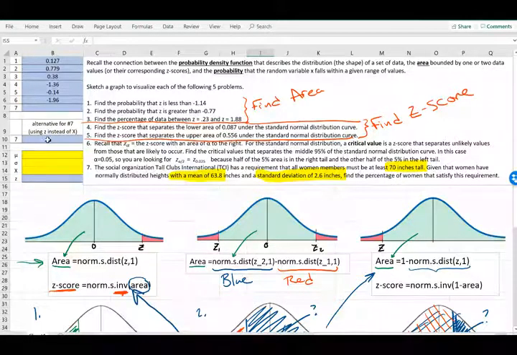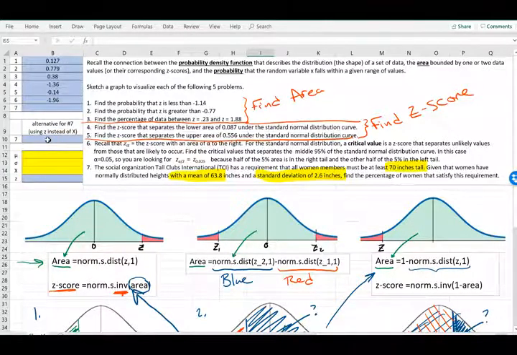All right, so there's two ways we could do this. When you're presented with a problem with a non-standard normal distribution, remember, standard means the mean is 0 and the standard deviation is 1. If you have any numbers other than 0, 1, it's a non-standard normal distribution.